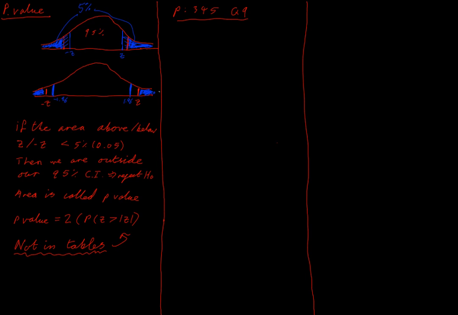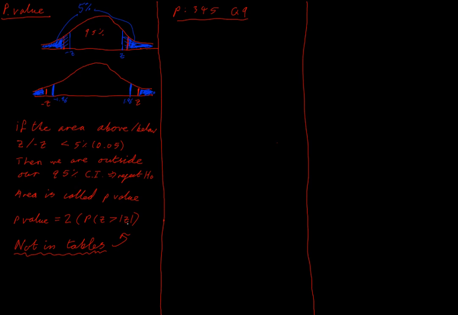Now, this blue area that we've been talking about is called the p-value for the particular value of z, for the particular sample statistic we're talking about. The p-value is the area of our two blue areas here, and it's going to be 2 times the probability of z being greater than the modulus of our particular z-score.